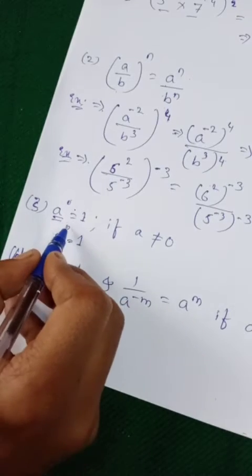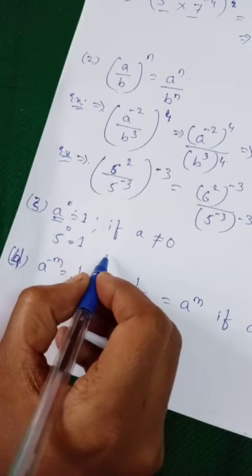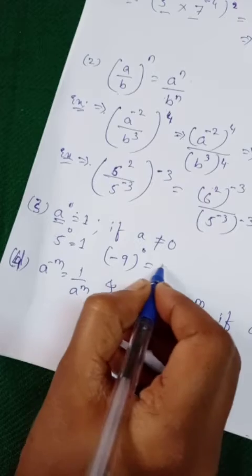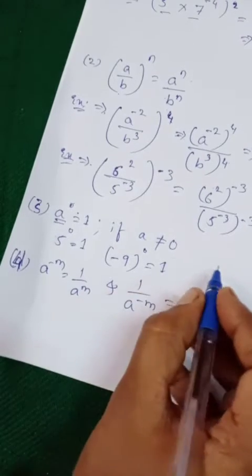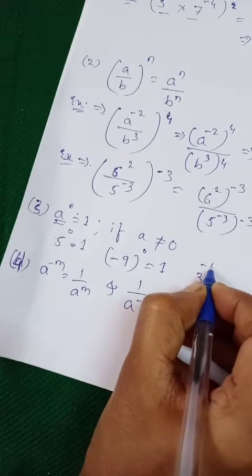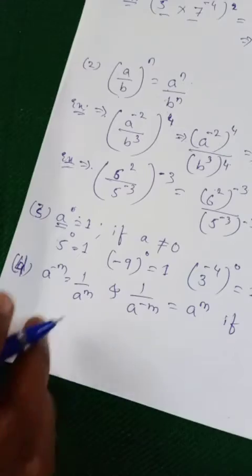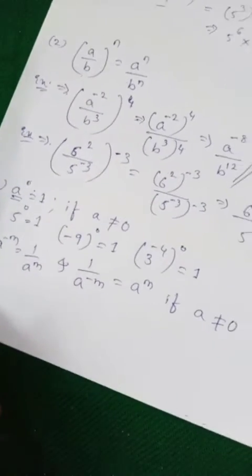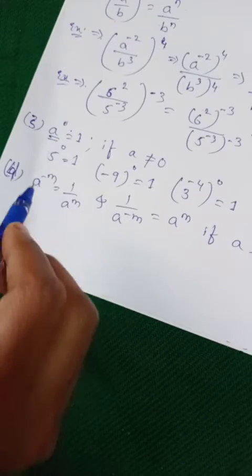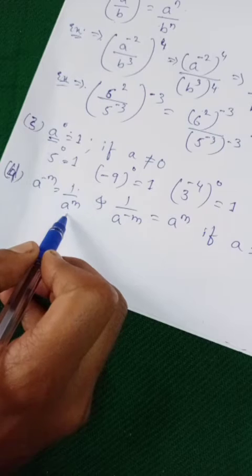Any number raised to the power 0 is always 1, whether it is negative or positive. Suppose (-9)^0 is equal to 1 again, and if I take (-3^4)^0, that is also 1 only, and so on.